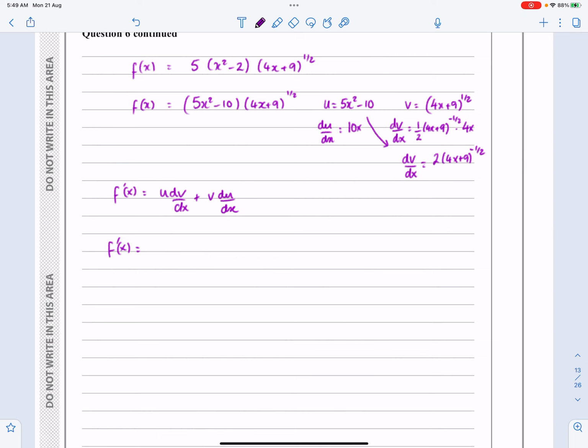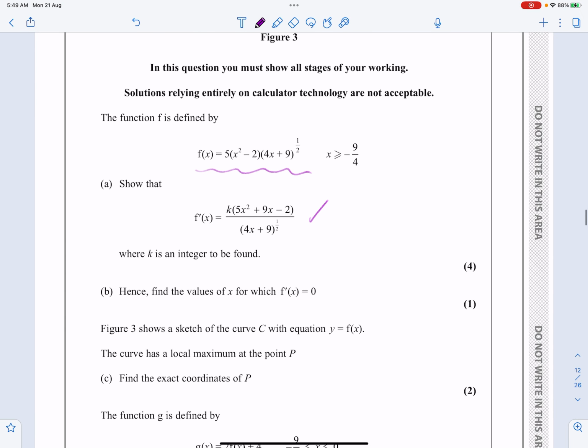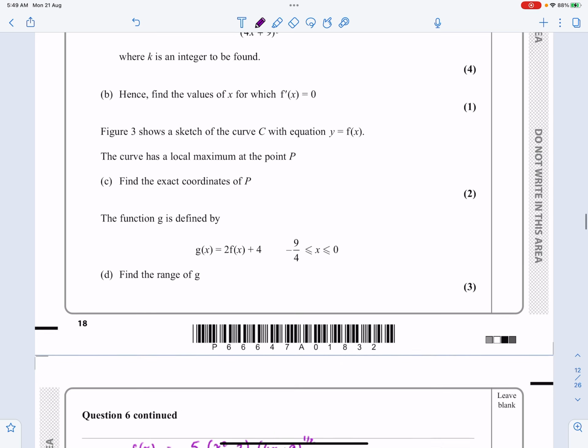So I'm going to combine them. I'm going to put the 2 at the front, then 5x squared minus 10, and then 4x plus 9 to the minus a half, plus v du by dx, the other two, those two there, is going to give us 10x times 4x plus 9 to the half here. Let's just go back. I'm pretty sure we're going to tidy it up to look like that.